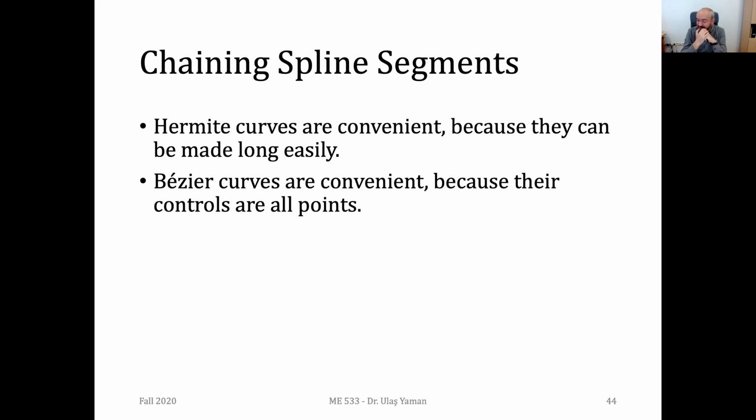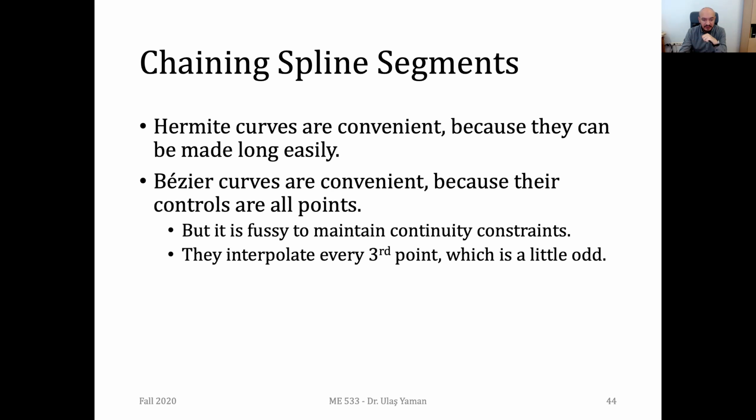But the thing is that you cannot have C1 continuity by following irregular points. You can only have it by using collinear points. Another weird thing about Bezier curves is that they interpolate every third point, which is quite weird.